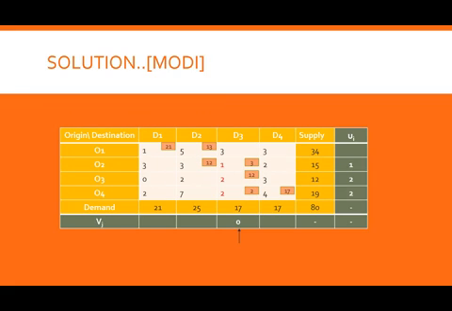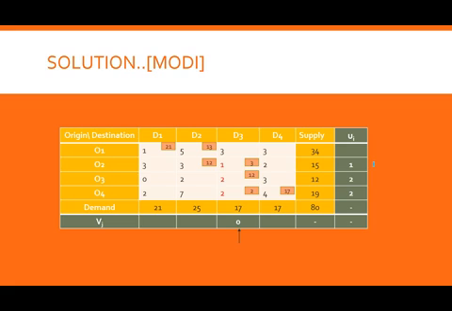So I try to optimize it using the Modi method. Apply the method. Here only this column has the highest number of allocations, that is 3 allocations. So I put a 0 here. Based on that, these 3 elements become the key elements. I get the corresponding UI values as 1, 2 and 2.